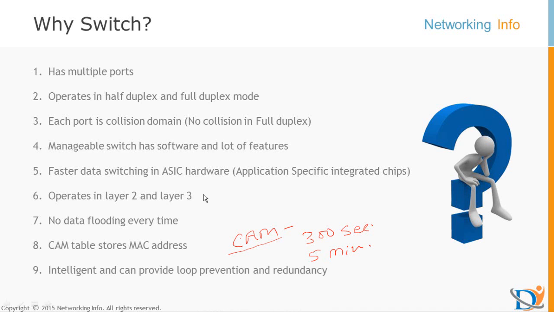Now the switch is an intelligent device and can provide loop prevention and redundancy. So how does that work actually? A switch can automatically detect where a loop is occurring. So if I say there is a device connected, there is another device connected, and there is another device connected, so 3 switches, and if I connect all devices like this, what's going to happen?